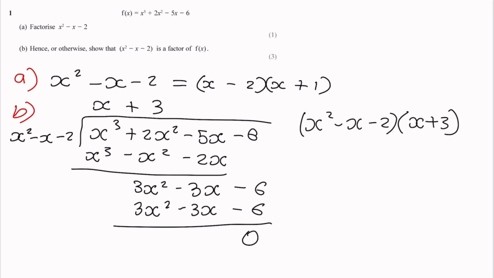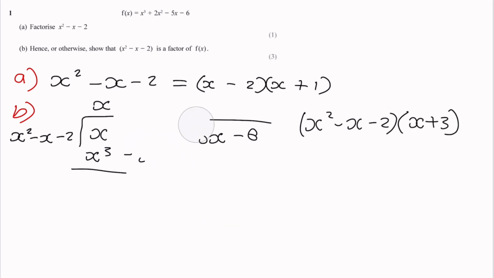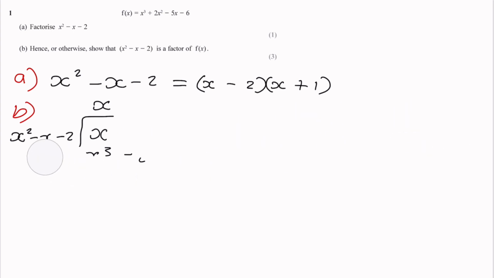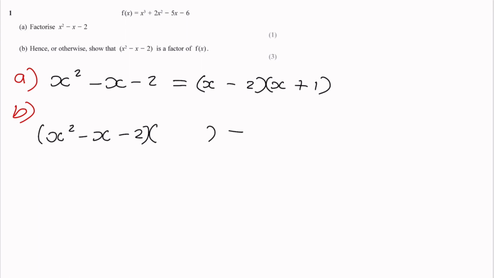And finally, one more method we could have used is similar to the last method where we did long division. If we are showing that x squared minus x minus 2 is a factor of f of x, then we know we must multiply it by something to get this f of x. And we know this something must be a linear term because we want to get x cubed at the start.